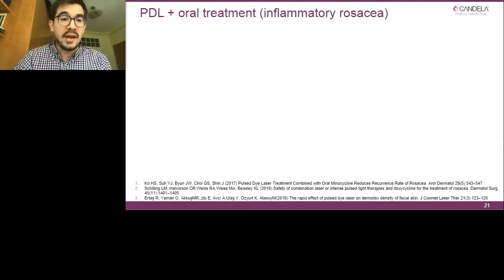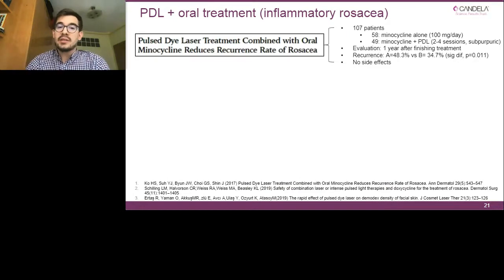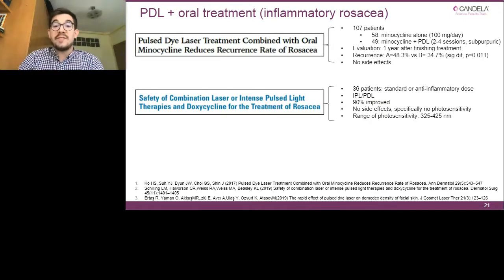Regarding the oral treatment, also the combination with minocycline or doxycycline has been proven useful when treating rosacea and very safe. In the first article that I present you here, they see that using minocycline combined with the PDL does not only improve the results, but also it diminishes the recurrences 1 year after treatments.